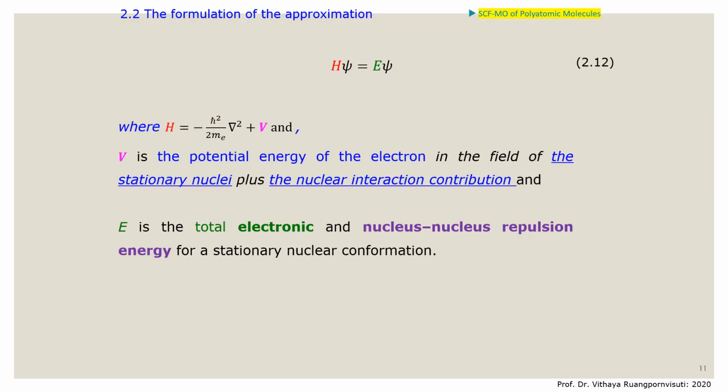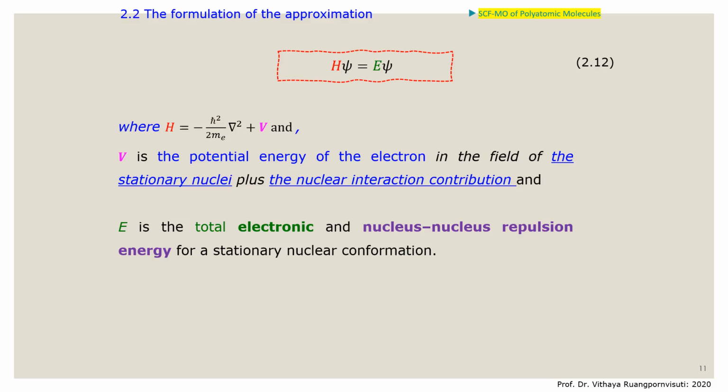As mentioned in the previous slide, equation 2.12 is the normal Schrödinger equation. H operates on the electronic wave function equal to the eigenvalue energy E operating on the electronic wave function.